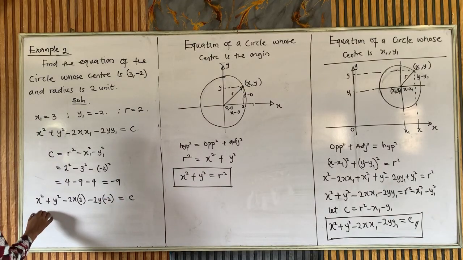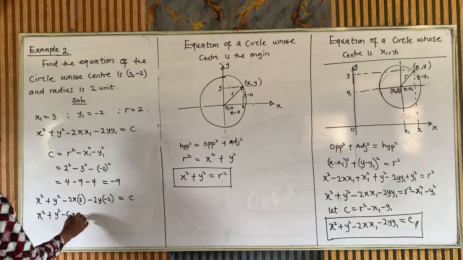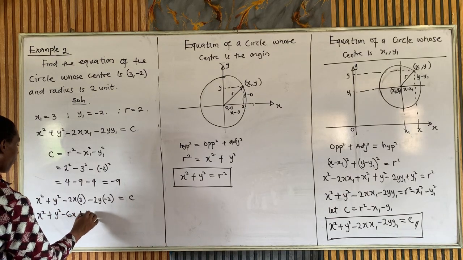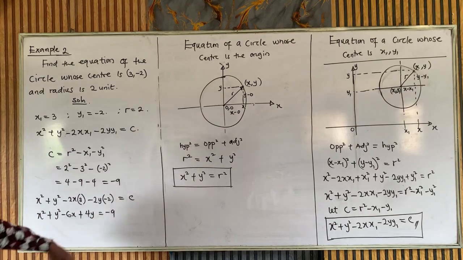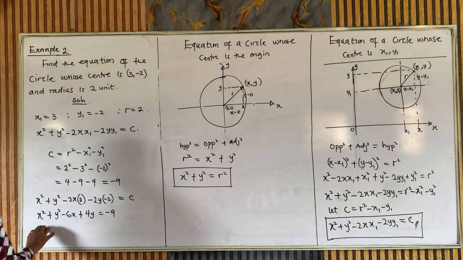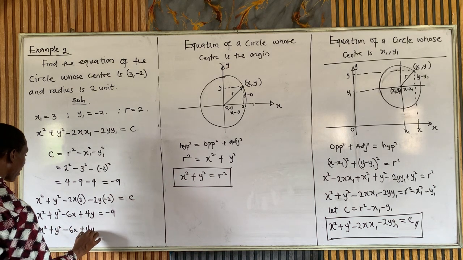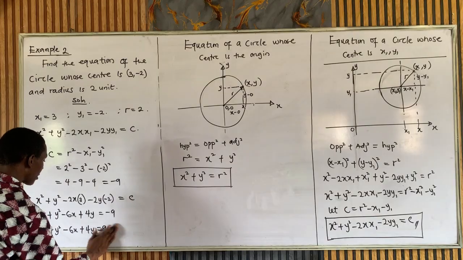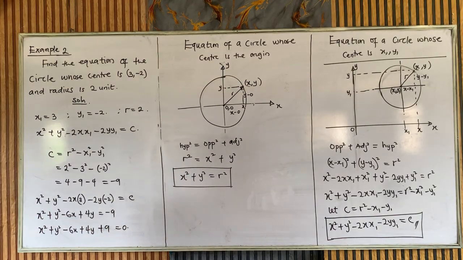So this will give us x squared plus y squared minus 6x plus 4y is equal to minus 9. You can bring the minus 9 inside and that will give you x squared plus y squared minus 6x plus 4y plus 9 is equal to 0. And that's all. There's a second way to solve this actually, but let's forgo that here.